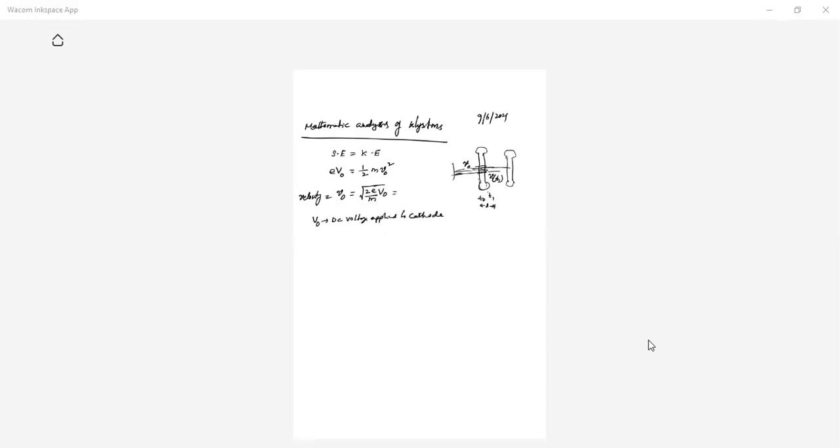You can write this as 0.593 into 10 power 6 root V naught meter per second. So this is the velocity of electron.